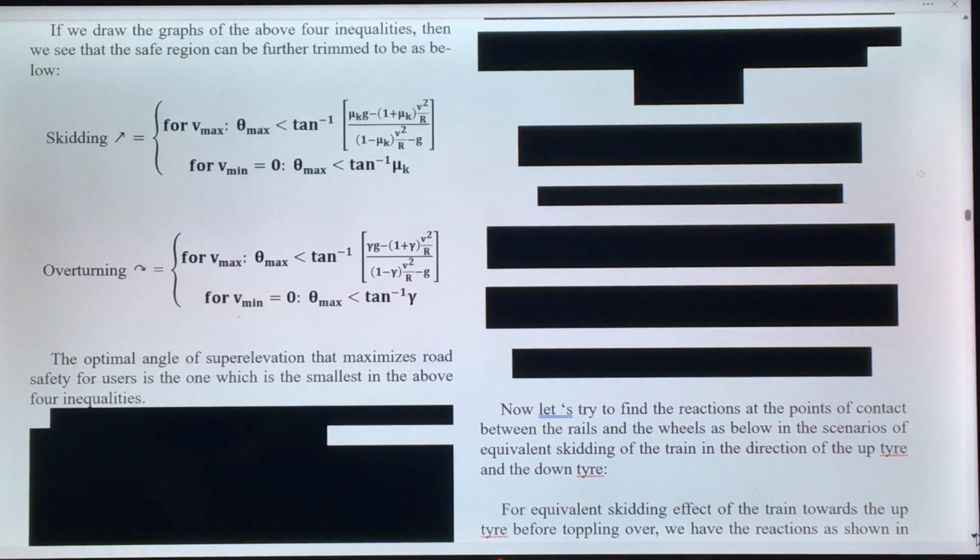The optimal angle of superelevation that maximizes road safety for users is the one which is the smallest in the above four inequalities. Guys, if you compare my values with classical values by Newton, Laplace, whoever did it, you will see my values are more conservative and better for road safety.